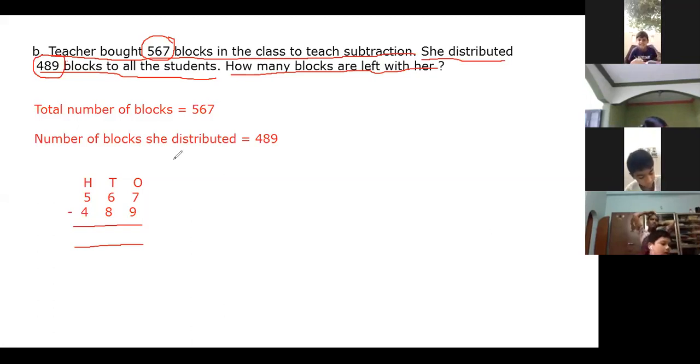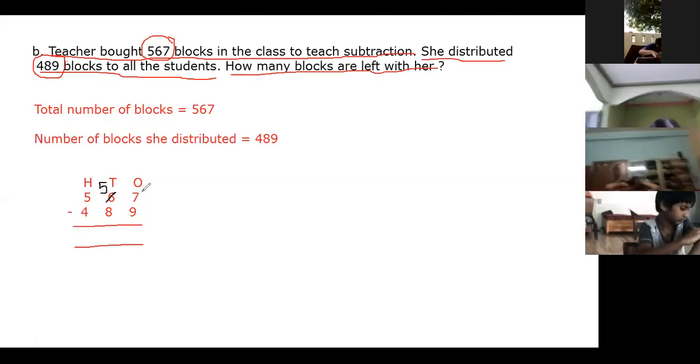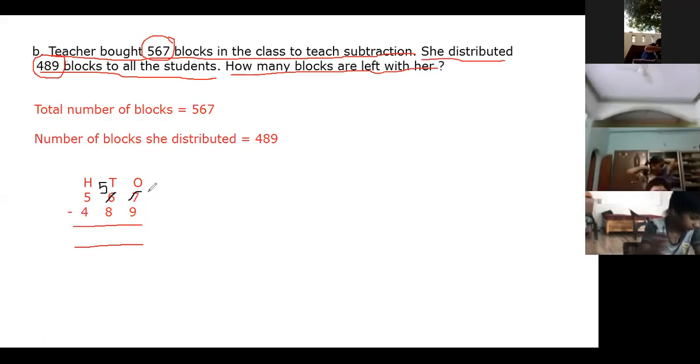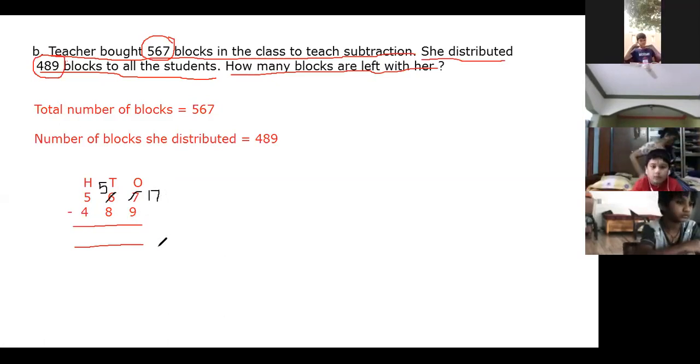So this 6 will become 5, we'll cut this, and this 7 will become 17. So children, you have to show this cutting and borrowing properly, okay? Now tell me, Shreyan, 17 minus 9, how much? 8, ma'am. Very good. So we'll write here 8 in ones place.